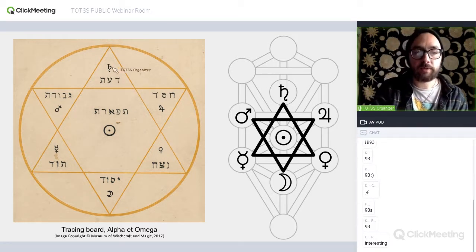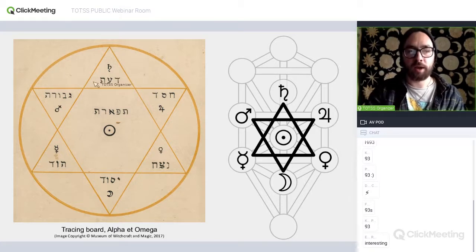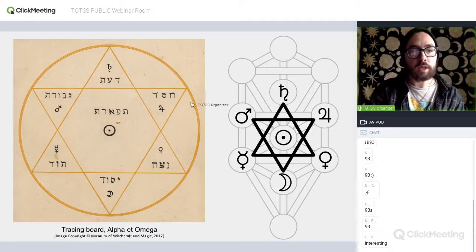And you'll see that there we have Saturn, and that says Da'ath in Hebrew. So they're specifically associating Saturn with Da'ath for the purpose of doing hexagram attributions, right? They did not write Binah there. And of course we have Chesed, Jupiter, Geburah, Mars, Tiphareth in the center for the Sun, then Netzach for Venus, Hod, Mercury, and Yesod, the Moon.